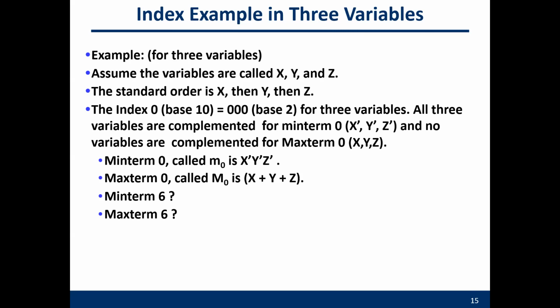If it's a 1, then you have a normal form of the variable. However, in the maxterms, if the corresponding index bit is a 0, then you have a normal form. If it's a 1, then you have a complemented form.